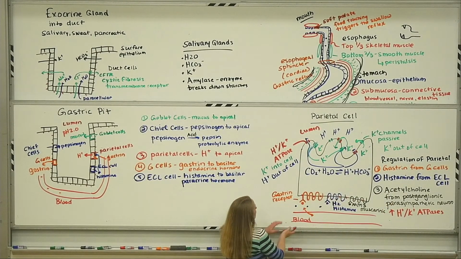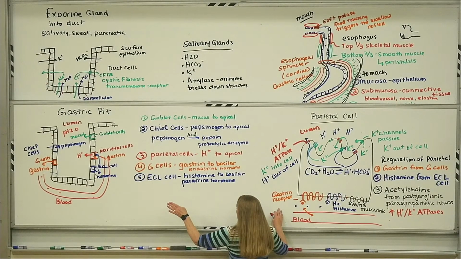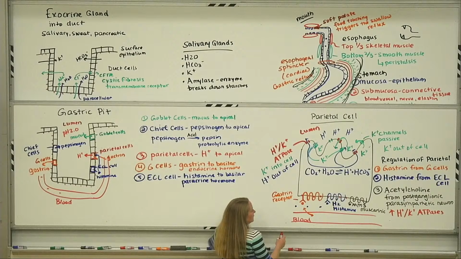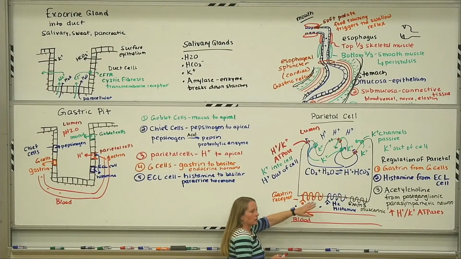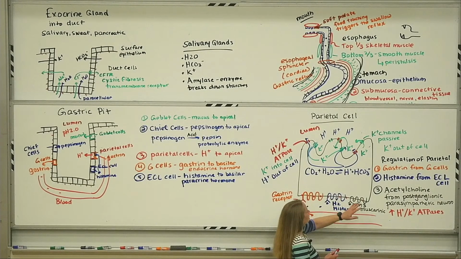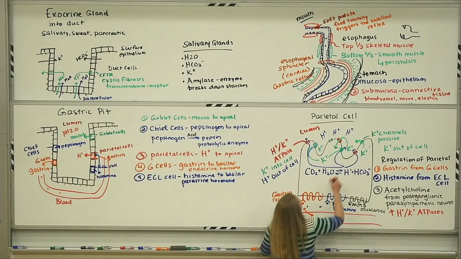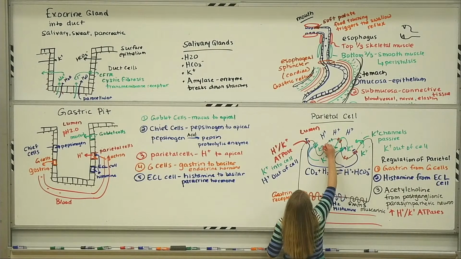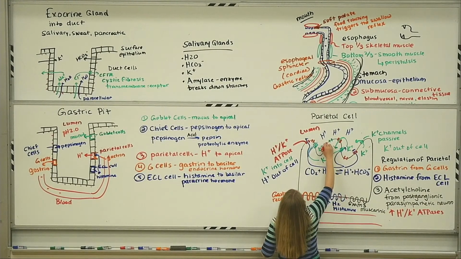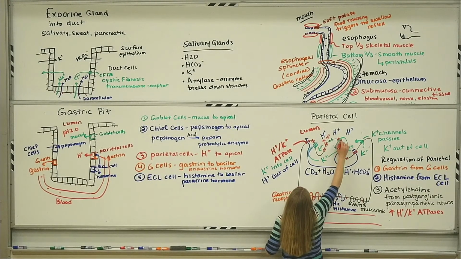So when you trigger any of these, from gastrin that got released from your G cells and went through the blood, from histamine that released from your ECL cells and just paracrine diffused over here, or from ACH being released from your autonomic system, all of these will end up with having more of these channels in the membrane, which can then release more hydrogen.